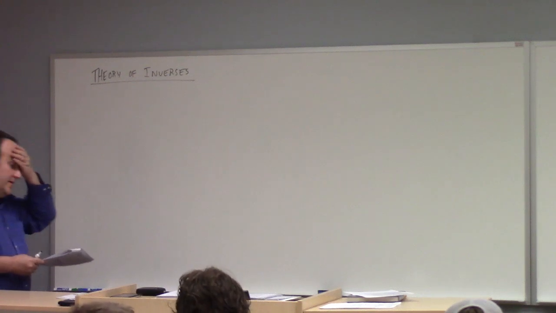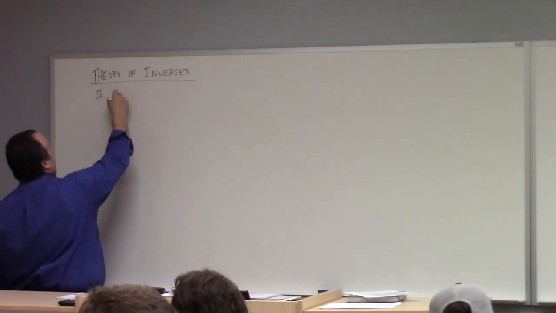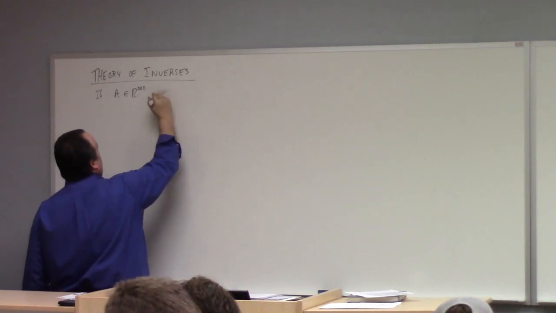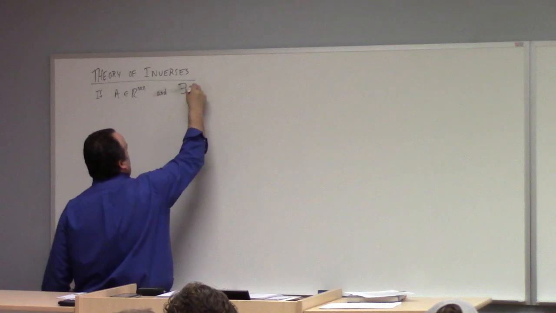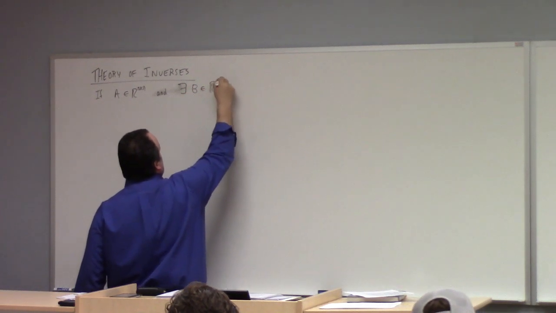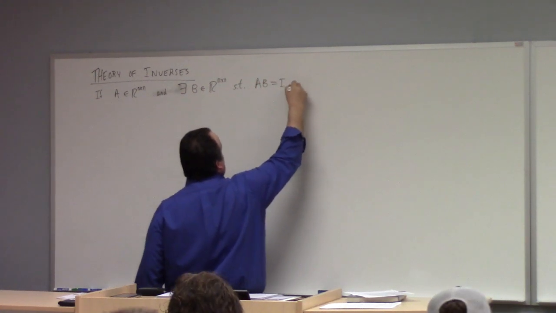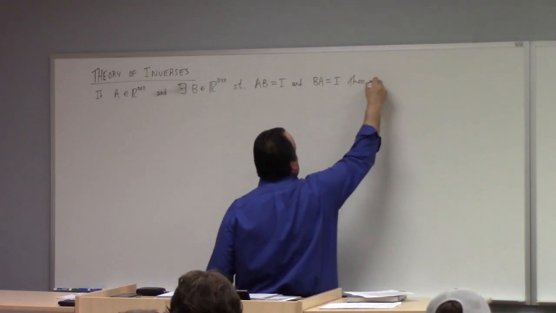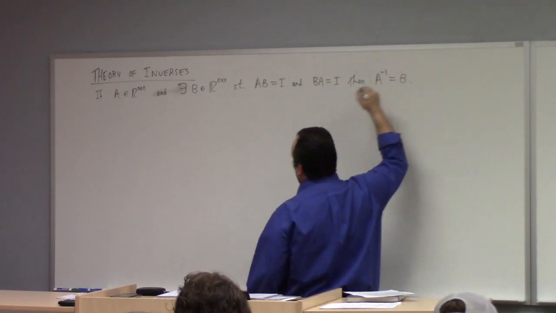So I wanted to talk about the theory of inverses, and I'm talking about inverse matrices, all right? So here's the deal. If A is an n by n matrix, and there exists B, another n by n matrix, such that A times B is equal to I, and B times A is equal to I, then we say A inverse is equal to B, and this is called the inverse matrix, all right?